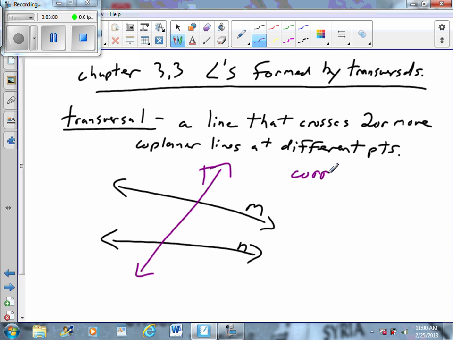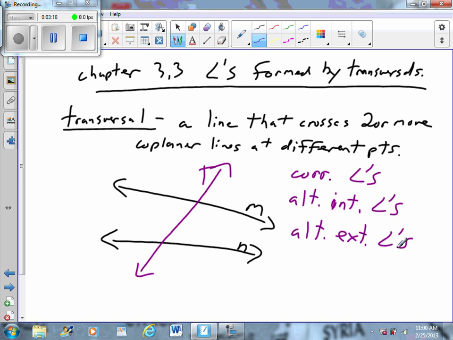You've got alternate interior angles. Alternate exterior angles. And same side interior angles.